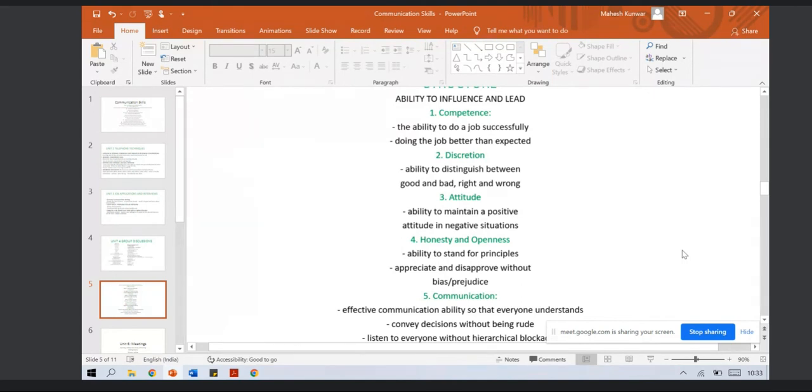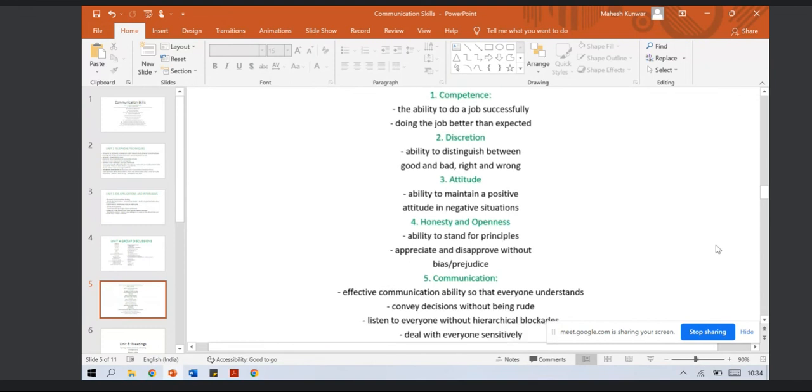If the manager approves the leave, understanding your situation, even though there is a very tough situation, like a shortage of staffing, this depends on you. How do you take that? If the manager is able to appreciate and disapprove without any bias, or the manager is just allowing leave for ladies or gents only, or the people who are very close to him. So this type of quality should be with the manager: honesty and openness.